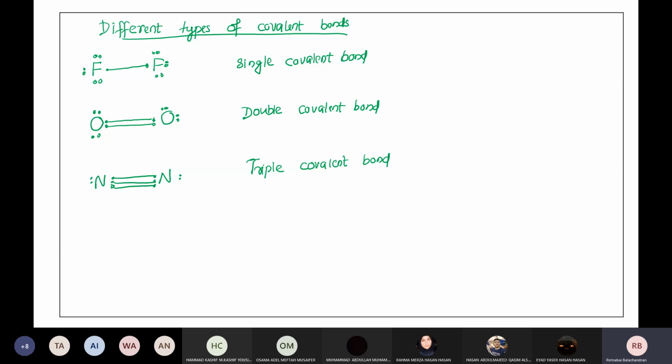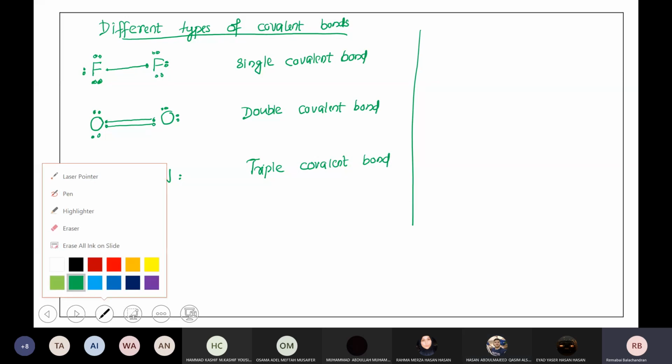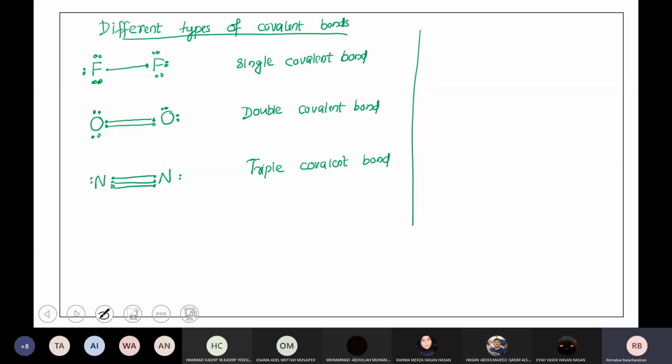Now, these electrons have some names. Do you know the name of those electrons? I'll write here one more time. Sharing electrons. Look, fluorine, F-F here.